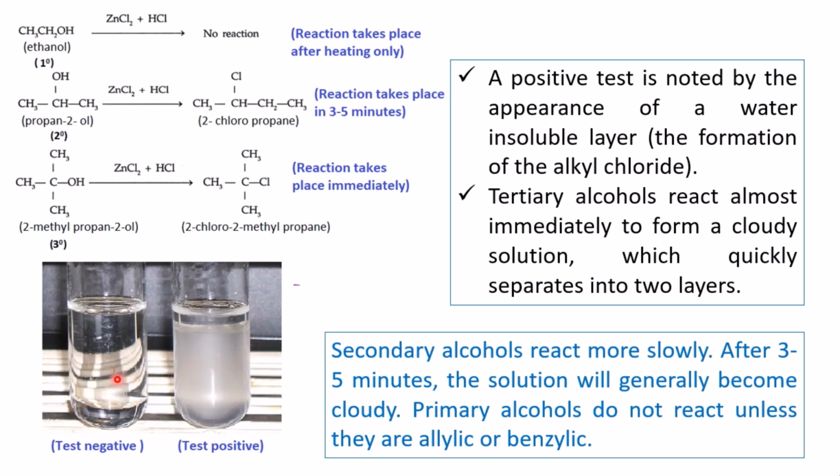So the negative test you've seen is this soluble, colorless liquid, while the positive test result is seen by the presence of the insoluble layer that is formed here. A positive test is noted by the presence of a water insoluble layer, the formation of the alkyl chloride.